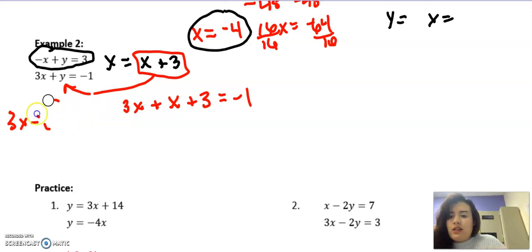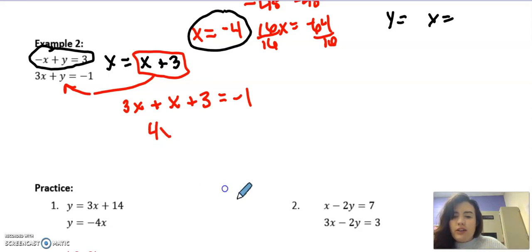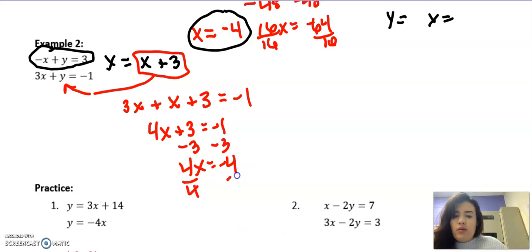Plus signs are no parentheses, minus signs mean you have to distribute. So now it's pretty simple. We're combining like terms. We're subtracting 3. We're getting 4x equals negative 4. We divide by 4. X equals negative 1. Now that is our first part of the solution.